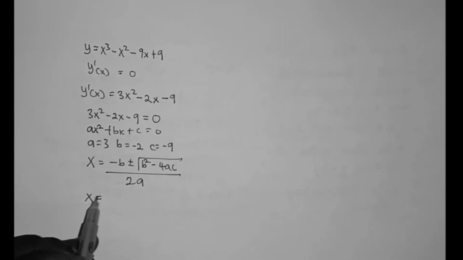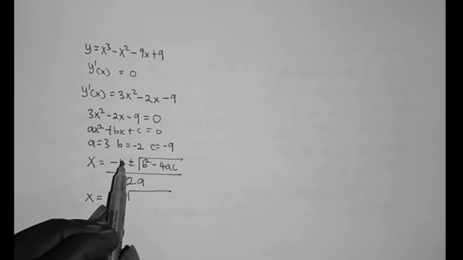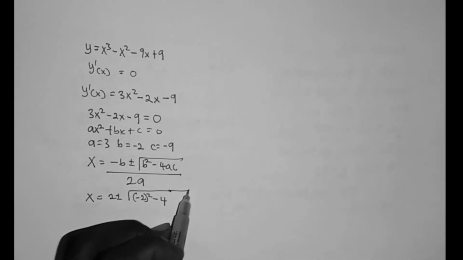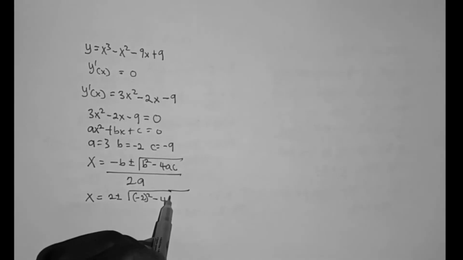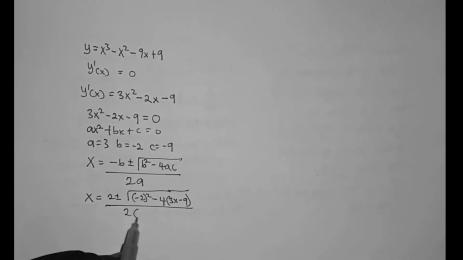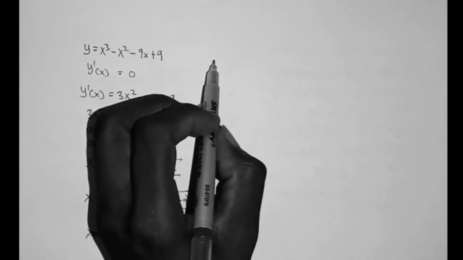So x is equal to minus b, which is minus 2, and that will give us plus 2, plus or minus square root of b squared. b squared is minus 2 squared, minus 4ac. 4 times a is 3 times c, which is minus 9, all divided by 2a. 2 times 3. So x is equal to, let me continue from here.